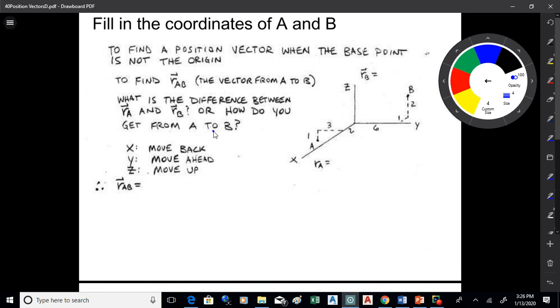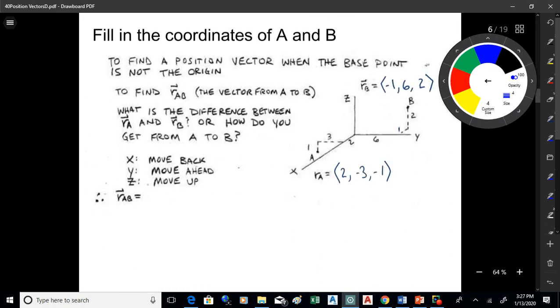So I've got points A and B there. And let's figure out what RAB is. That's RAB, meaning R, the position vector. R is what's used for position vectors, starting at A and going to B. So that line would look something like that, okay?